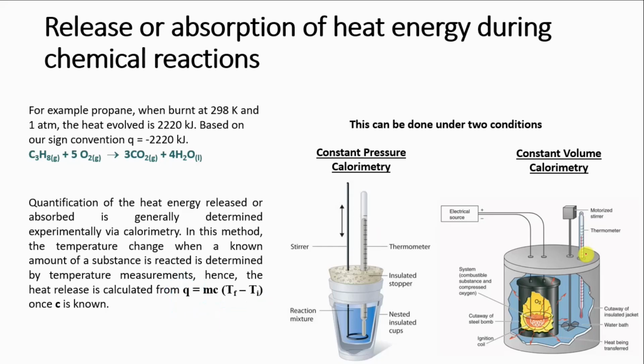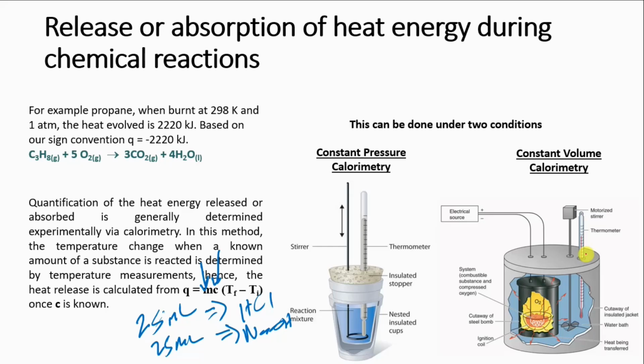Okay, so let's say you're mixing 25 mL of something like HCl, and you're mixing another 25 mL of sodium hydroxide with that HCl. So that's a total of 50 mL. If you can work out the mass of the total mixture, then you already have your mass. If you know the heat capacity of the mixture, the specific heat capacity, I should say, then that's good.